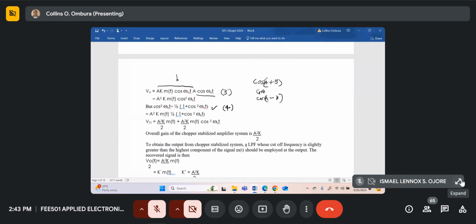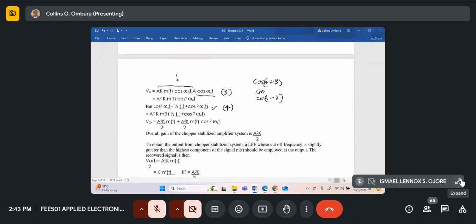So then you multiply the outside bracket into 1 plus cos squared omega ct. Then you'll get 2 terms. The first term is A squared Km(t) divided by 2. The second term is A squared Km(t) divided by 2 into cos squared omega t.